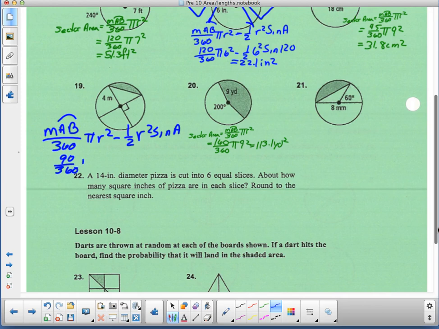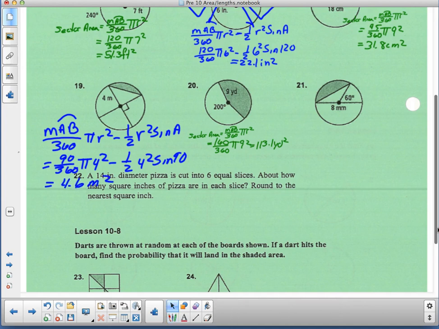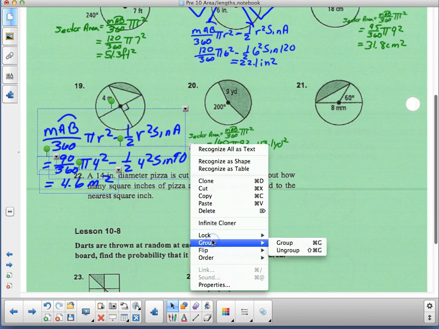That's 1/4 pi 4 squared minus 1/2 4 squared sine of 90. And our final answer comes out to be 4.6 meters squared, after I plop that in my calculator.